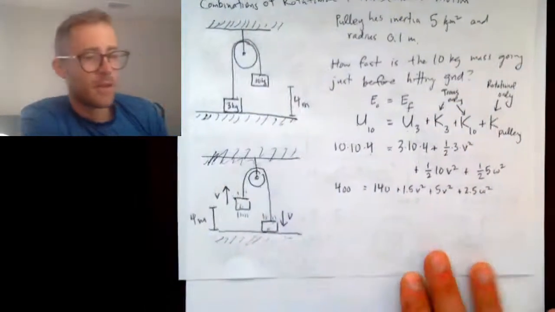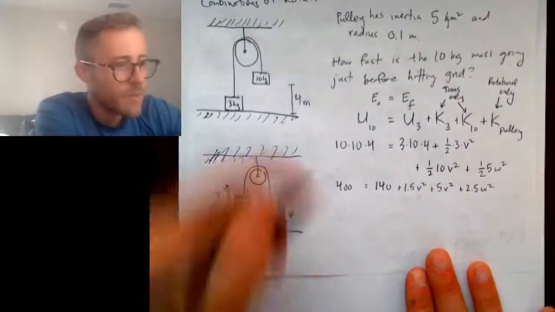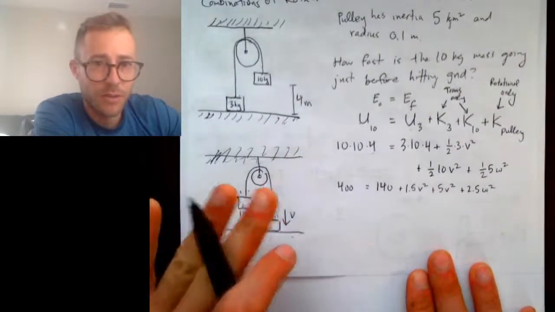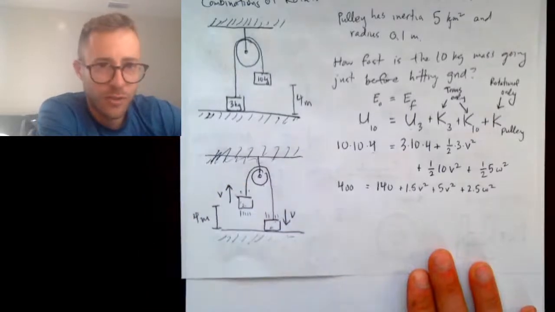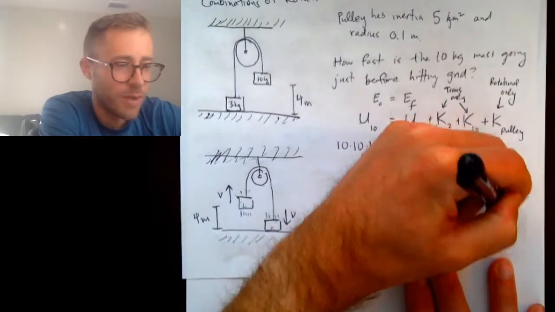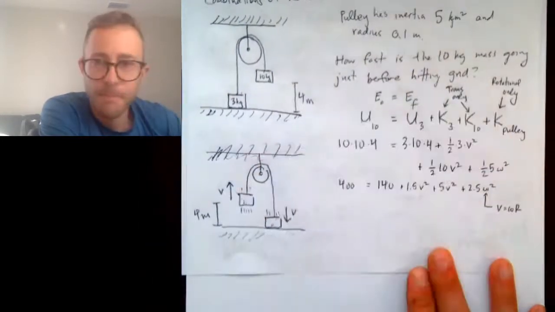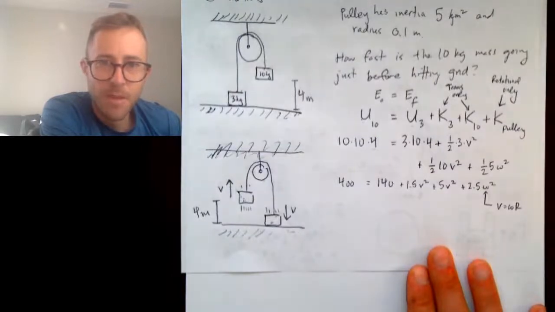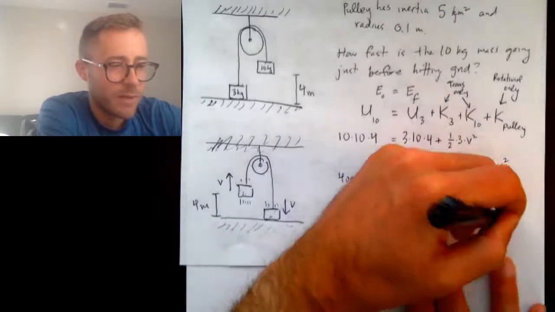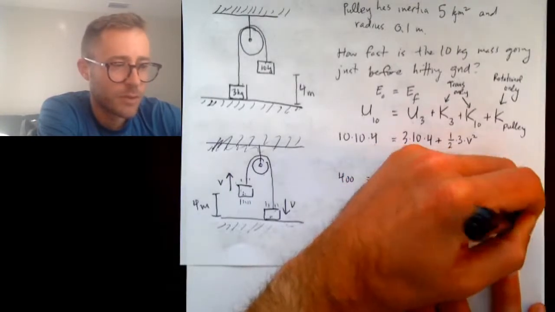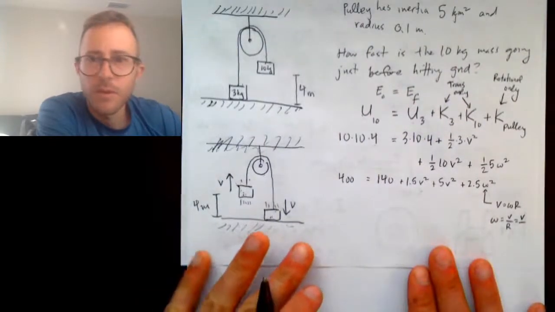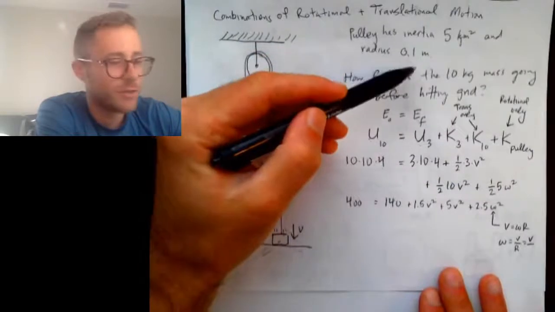All right? Now, here's the thing. This pulley is rotating, and so it's going to obey a relationship just like something that is rolling. So because the pulley is rotating, it's going to obey v equals omega R. Okay? So what that means is that omega is v over R, which is going to be v over, and the radius of the pulley is 0.1.